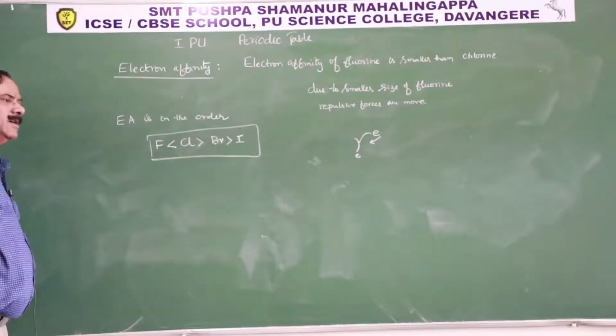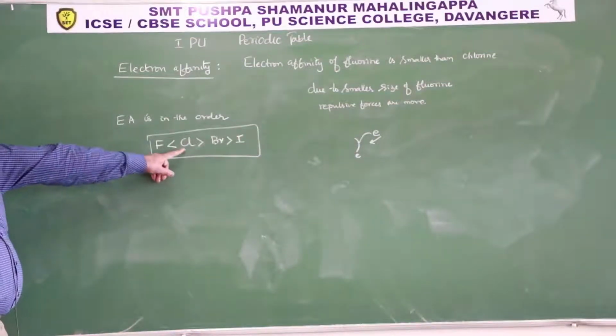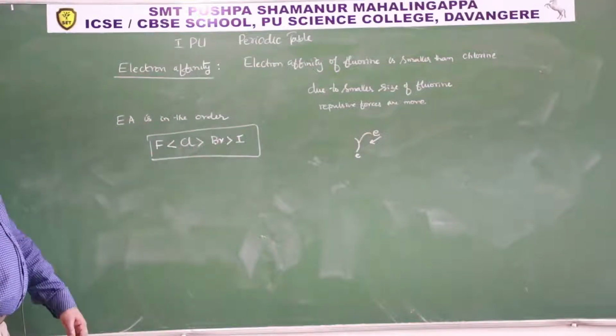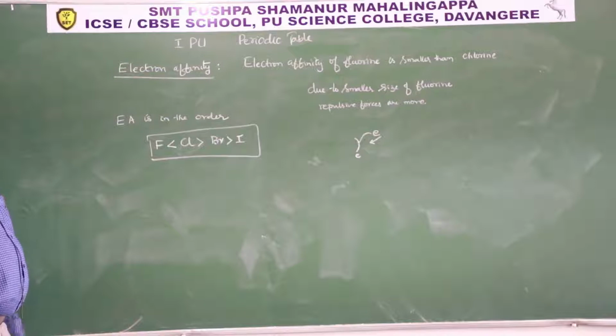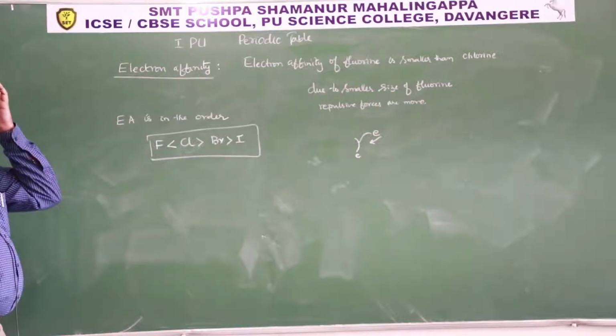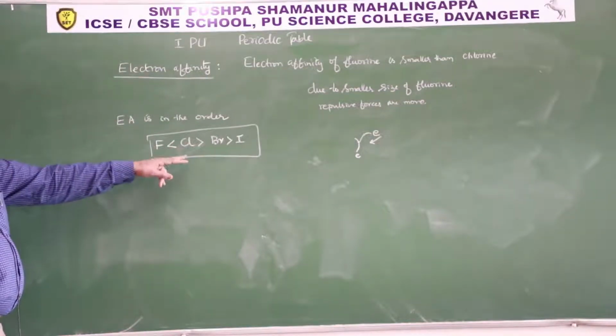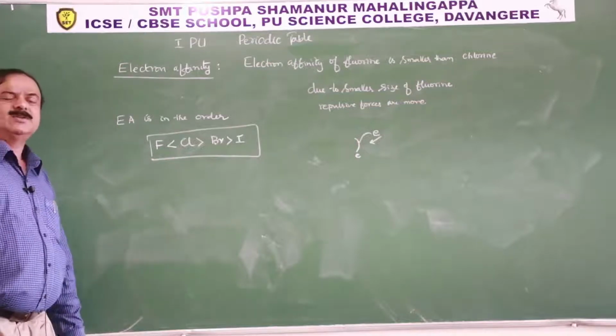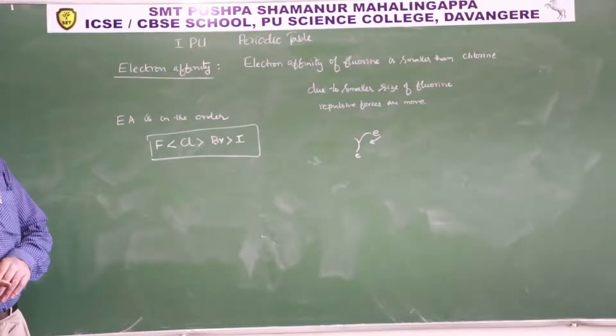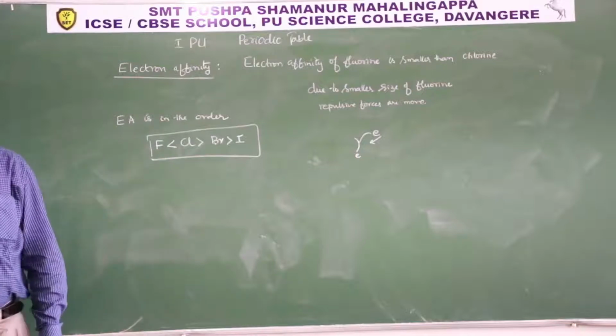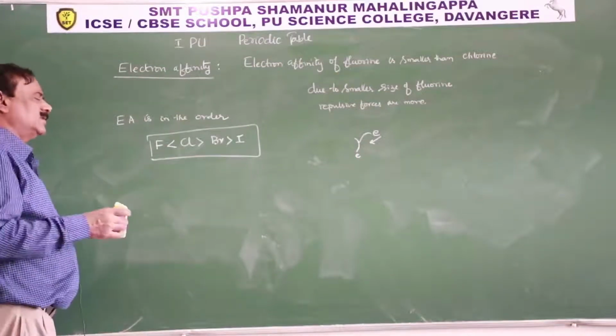This is the trend in the electron affinity values. Among all halogen family elements, chlorine has the highest electron affinity. Therefore, the chloride ion formed by chlorine is a more stable one. This is about the trend in the electron affinity values.